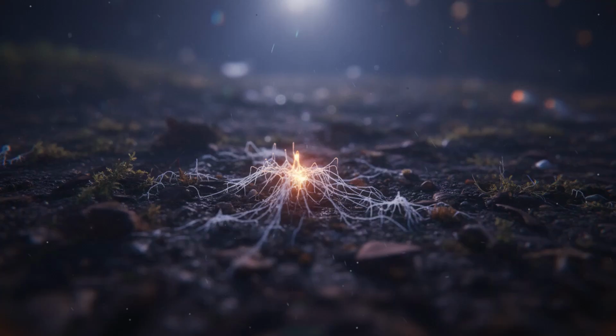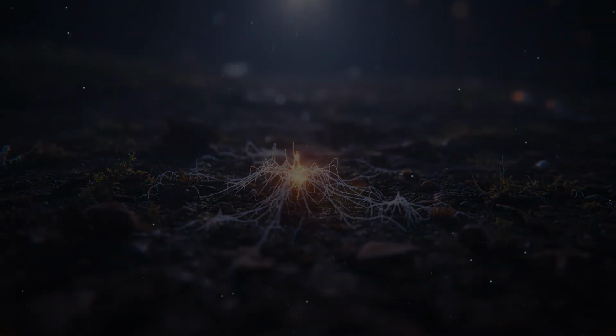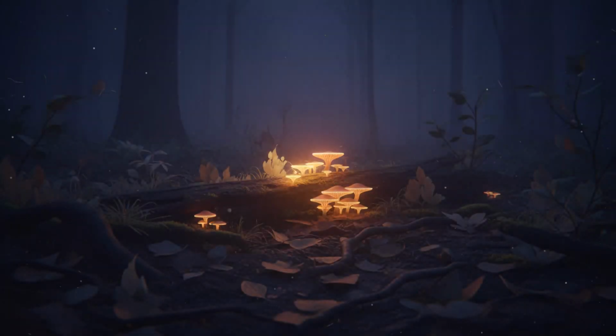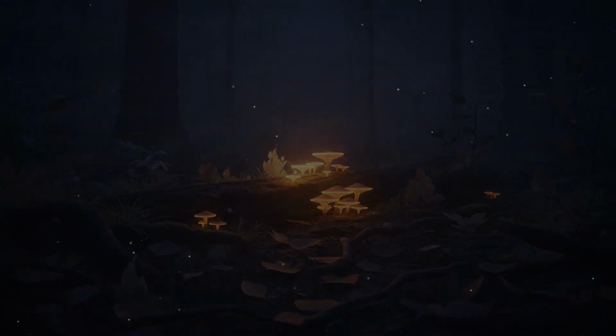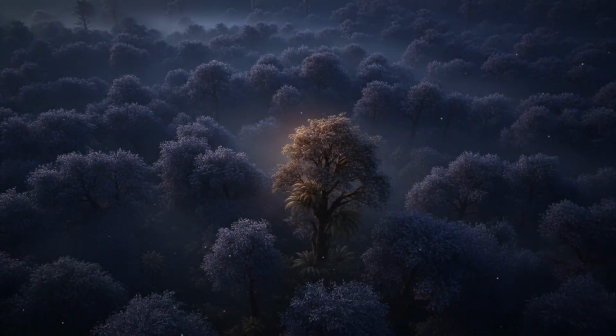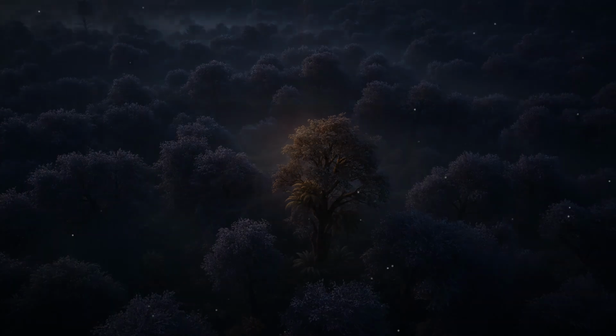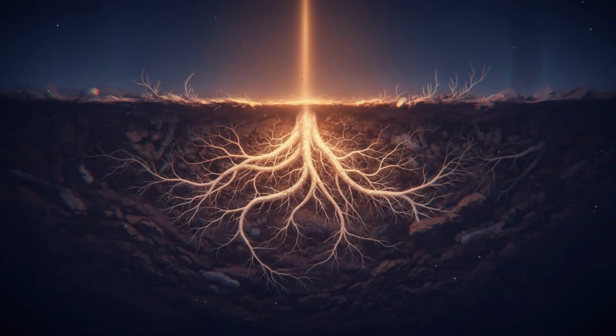Some tree, somewhere in that quiet dark, is receiving something it did not know it needed, and responding without urgency, without sound, in the slow, patient way that forests have always done their most important work. Not in the canopy, where the light is, but below, where no one is watching. Where the threads run between one root and another, and the forest holds itself together.